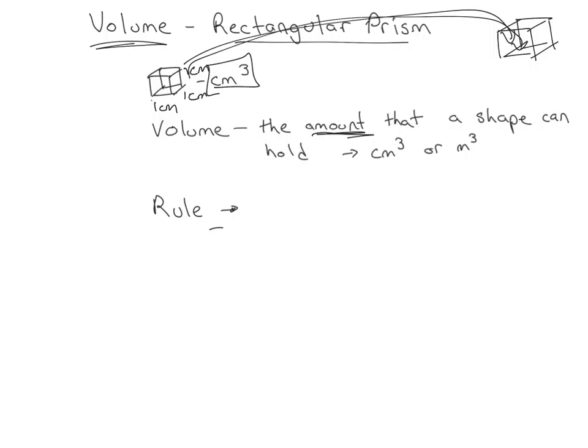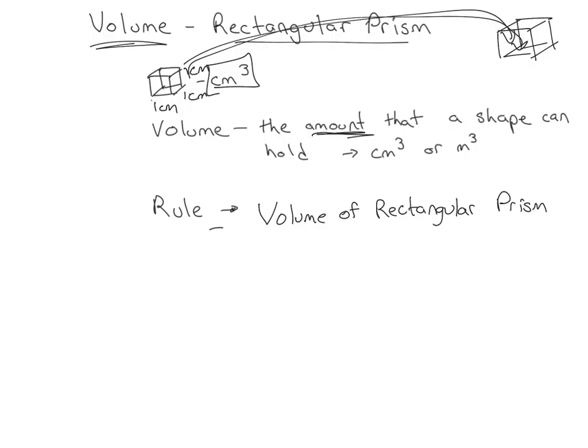From the question that you tried on your own with the blocks, I'm hoping you figured out a rule. If you didn't, we're just going to state the rule here, and hopefully this makes sense. If you are calculating the volume of a rectangular prism, so I'm going to use the fancy word, not a box, how do you do it?